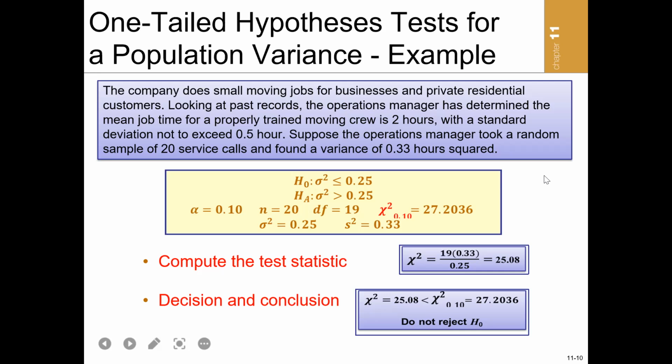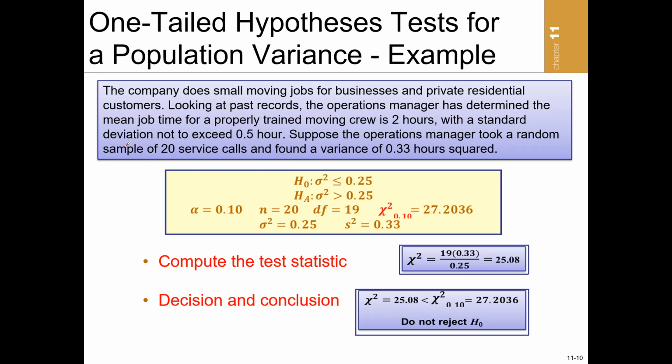So it says, looking at the past records, the operations manager has determined the mean job time for a properly trained moving crew is 2 hours, with a standard deviation not exceeding 0.5 hours. So the fact that the question says looking at past records alone means that over the years, that is how it has been. And that means that it is a standard, all right?